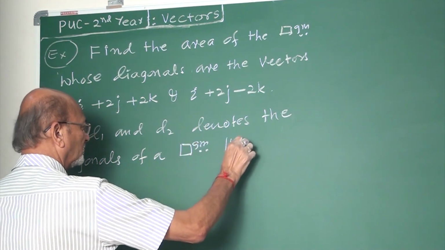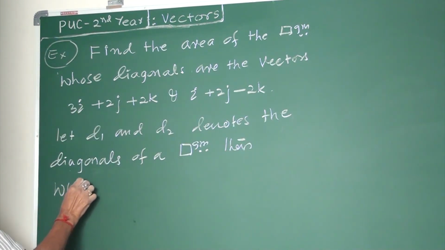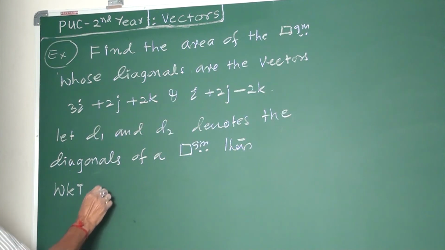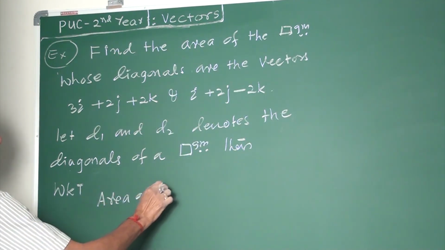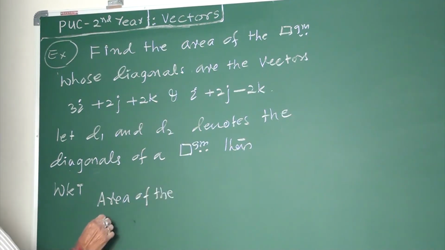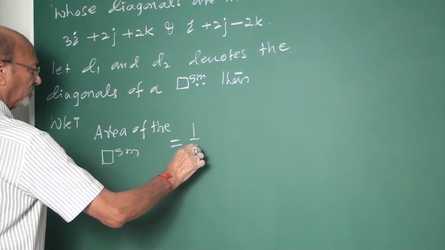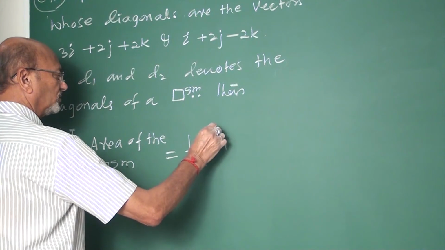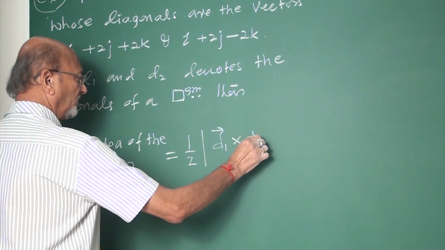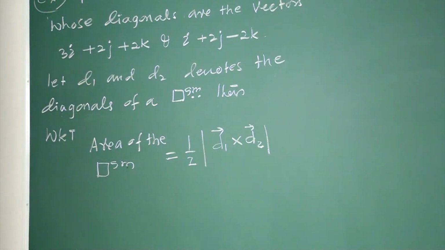Then we know the formula: the area of the parallelogram is half the magnitude of d1 cross d2.